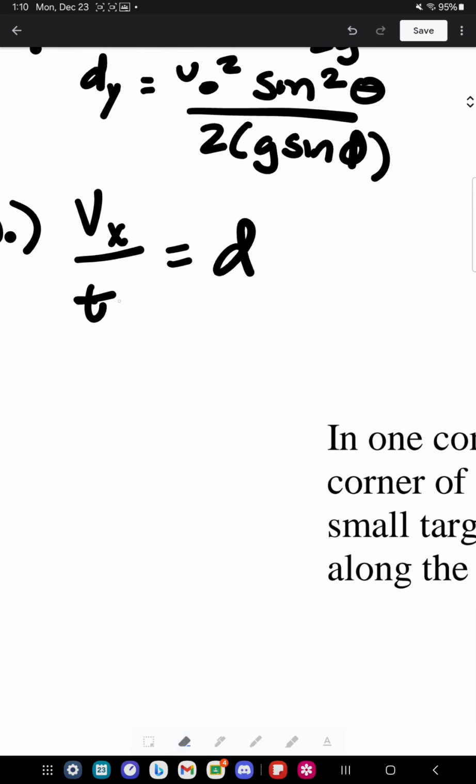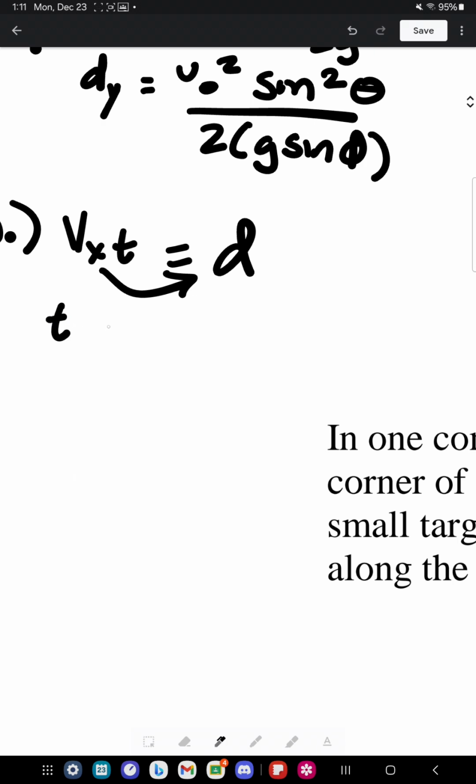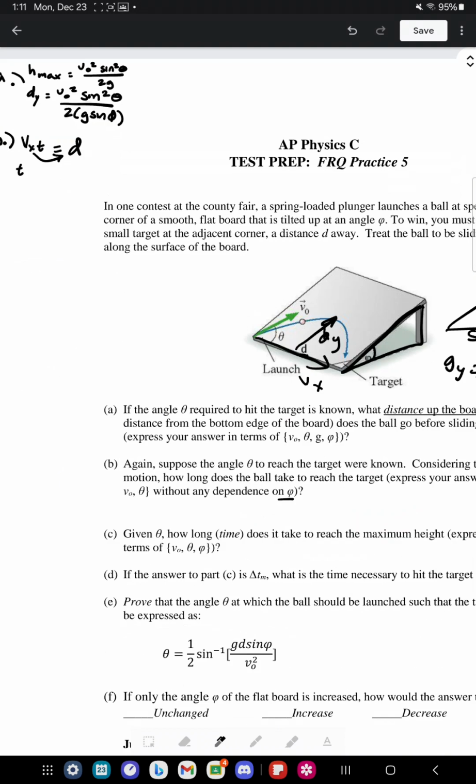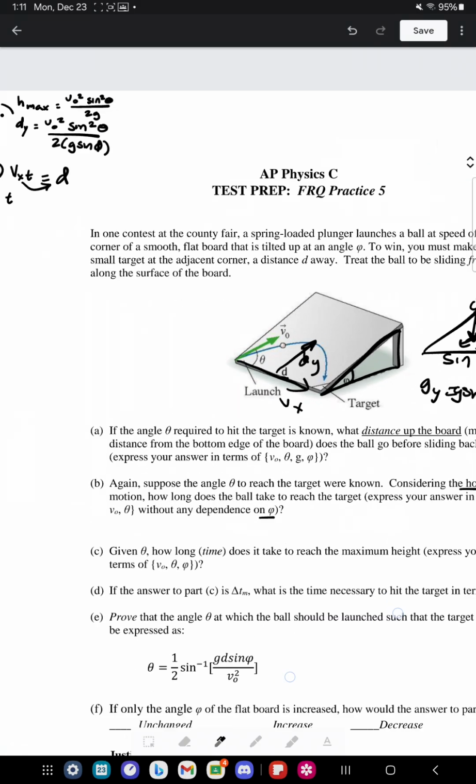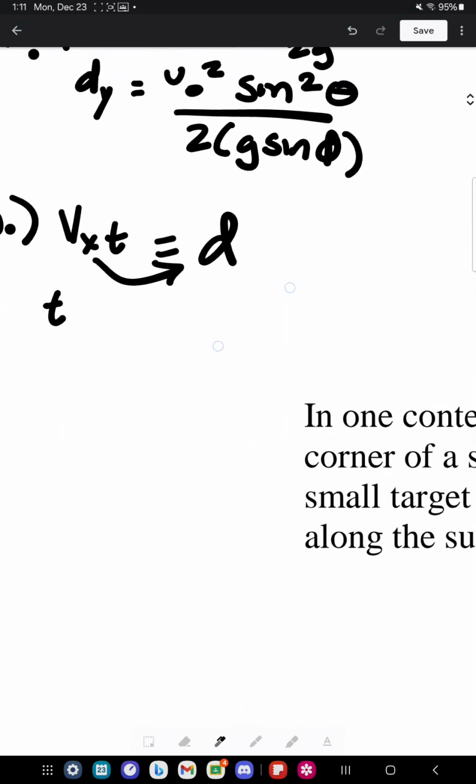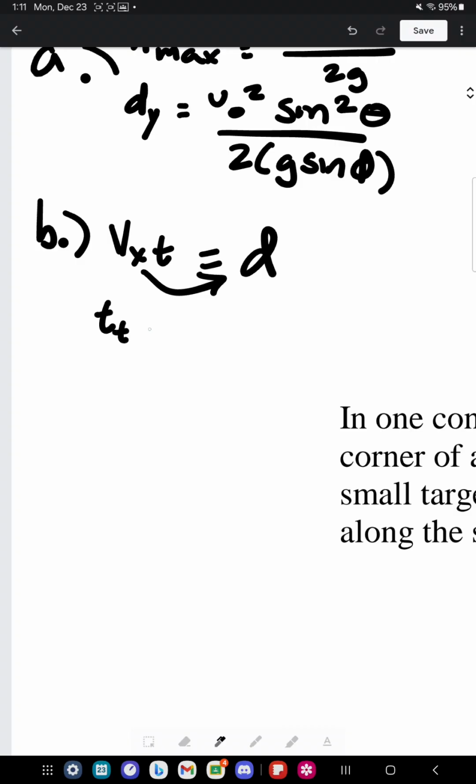It's vx times t, so I divide vx over, so your time to get to the target, your time total, equals your horizontal distance over vx.